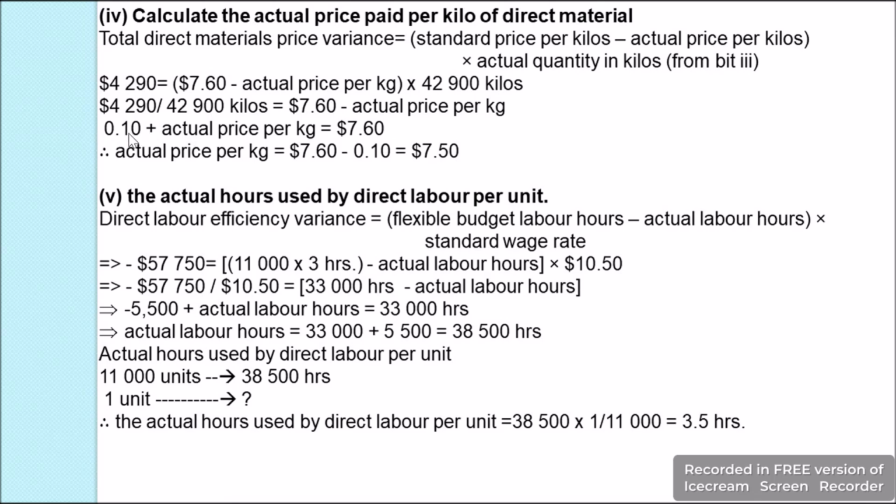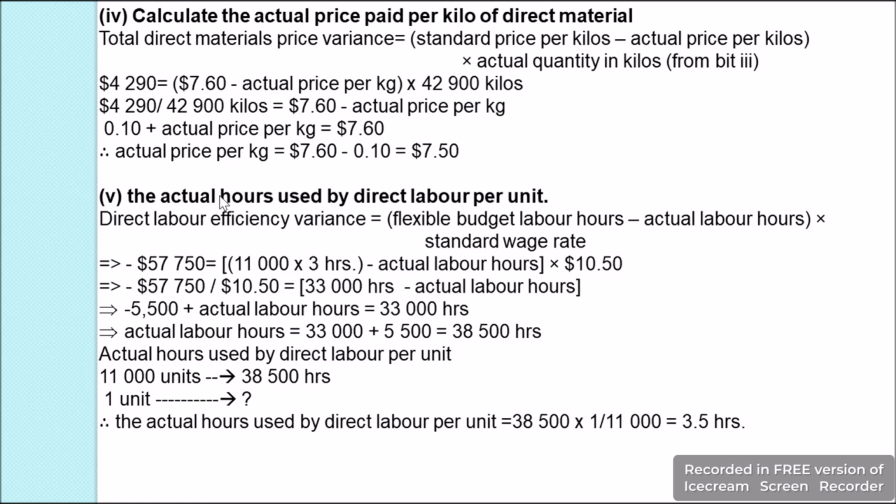So it will be 0.10 plus the actual price per kg will be equal to $7.60. Now when we bring this 0.10 to the other side, it will be in subtraction. So the actual price per kg will be equal to $7.60 minus 0.10, which will be equal to $7.50.